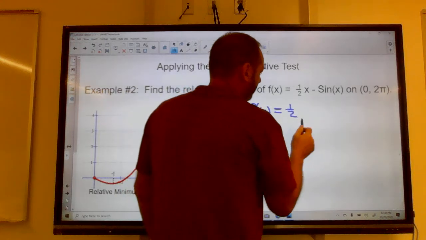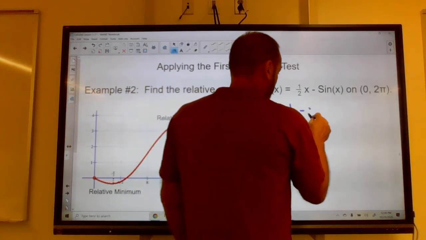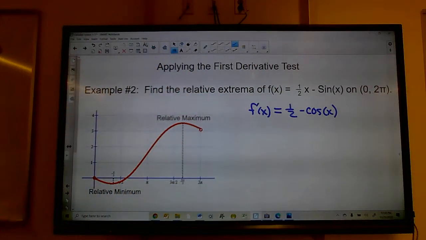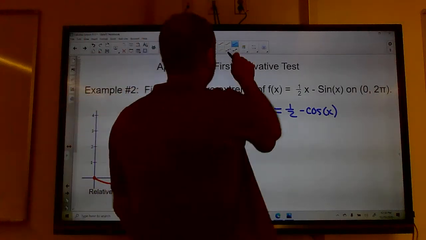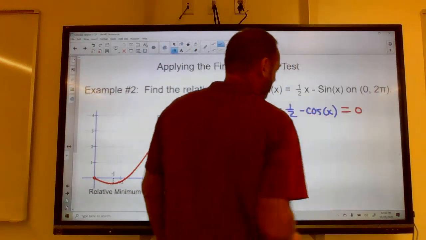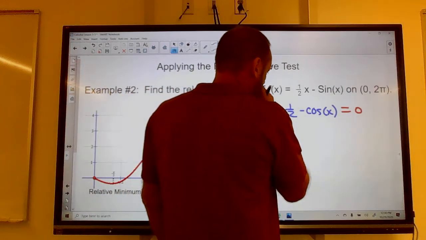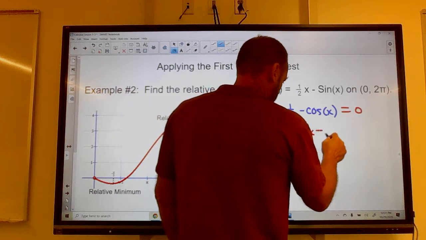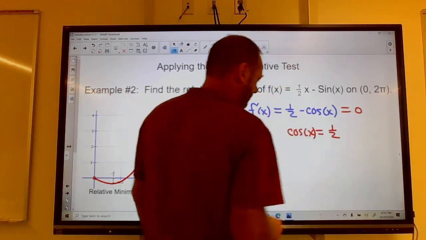It's going to be 1/2. Derivative of sine is cosine, so that's minus cosine x. Okay, and I set that equal to 0. So I got to find the critical points. So I can move the cosine over here, in which case I get cosine of x is 1/2.